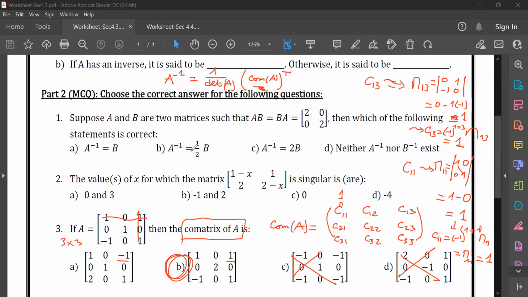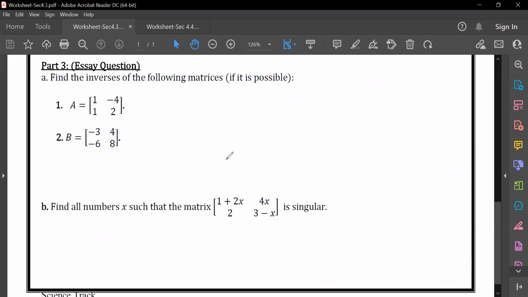So here we have the matrix of cofactors of the elements. Now we are left with the inverse of a matrix of order 2. And this is really easy. What is the inverse of a matrix of order 2?